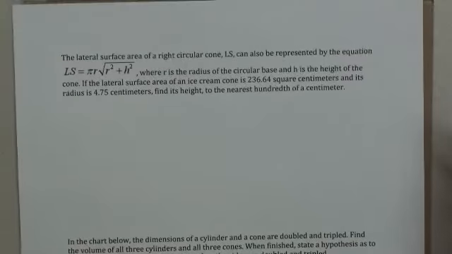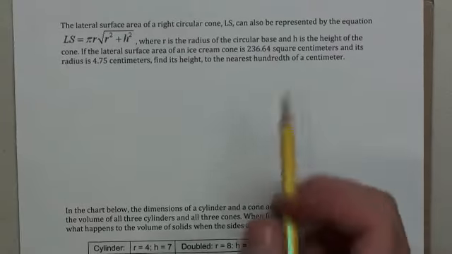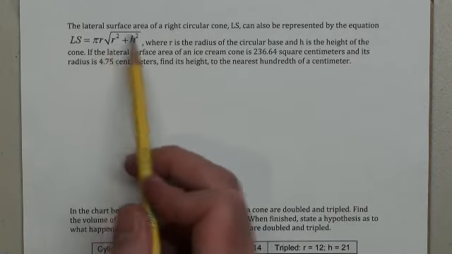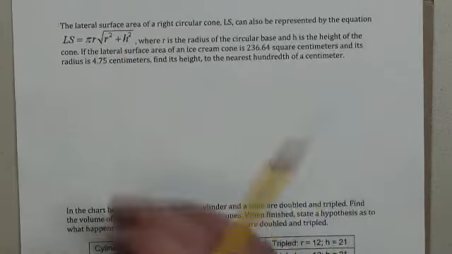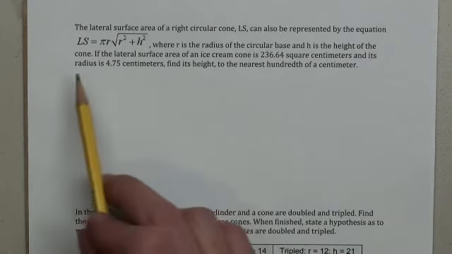Now we have a lateral surface area problem of a right circular cone. It says it can also be represented by this equation, which we didn't talk about, so you don't have to know that equation. But they're giving it to us. So r is the radius of the base, h is the height of the cone.